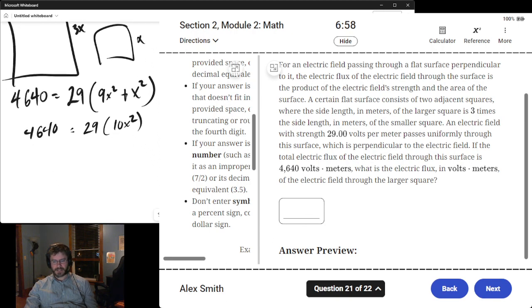So let's go ahead and just do the algebra on that. So 29 times 10 is, of course, 290 x squared, 4640. Trusty calculator, 4640 divided by 290, which is 16. Square root of that is 4.